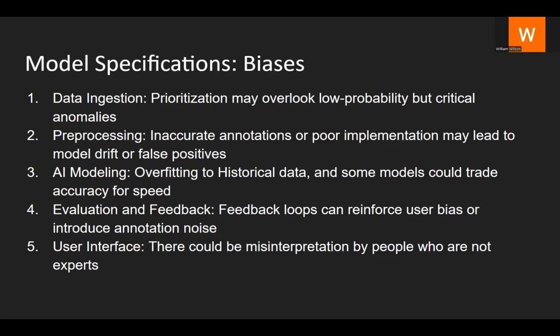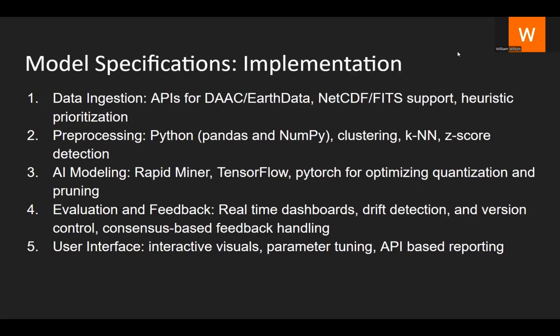And for the implementation, when it comes to data ingestion, we'll have APIs for DAAC/Earth data, NetCDF or FITS support, and heuristic prioritization. For pre-processing, we use Python, Pandas, and NumPy. That's really a common practice when it comes to cleaning data with Python.